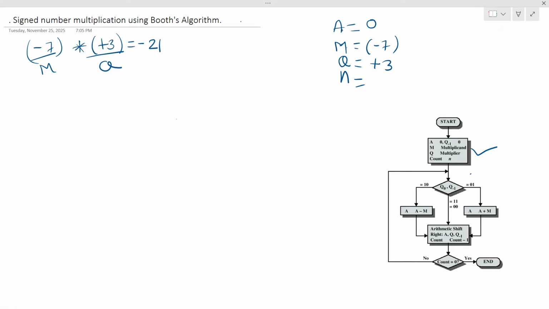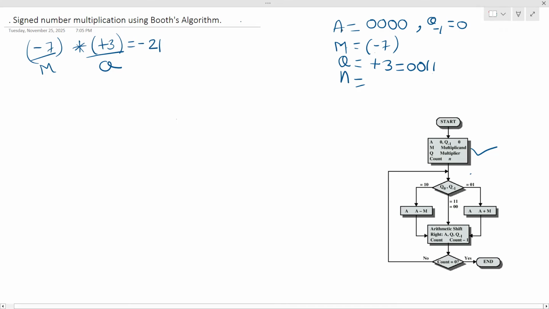To represent +3 in binary, we all know 3 is represented as 0011 using 4 bits. So 4 bits will be used to represent the accumulator also, and it will be initialized to 0. Similarly, q -1 is initialized to 0 as per the first step of initialization.